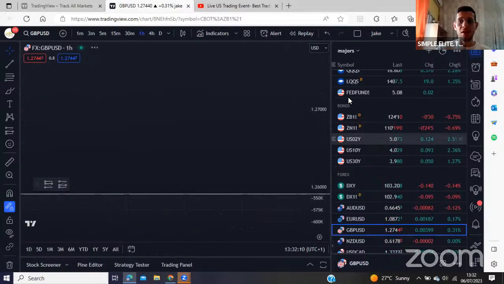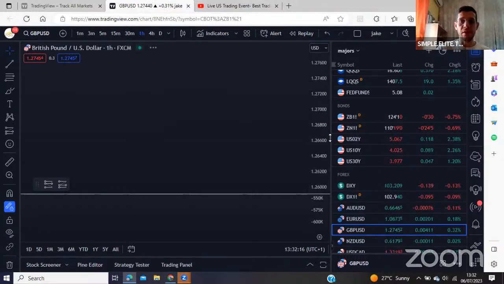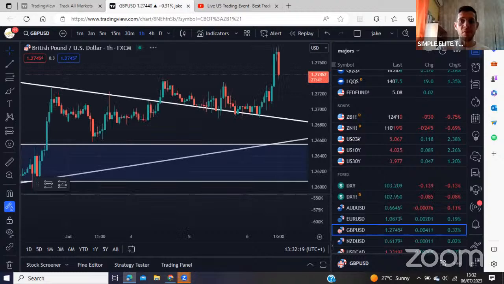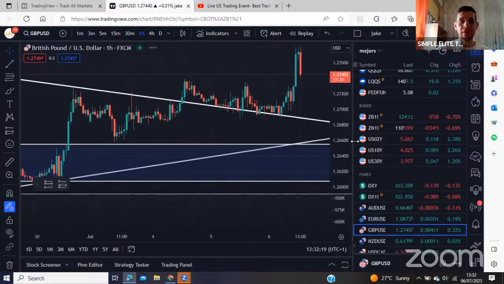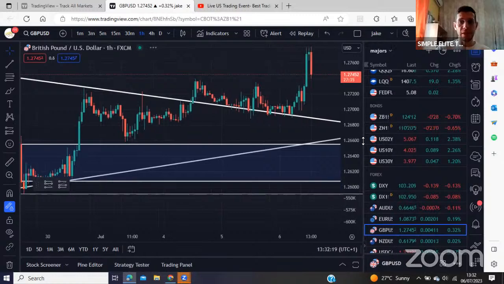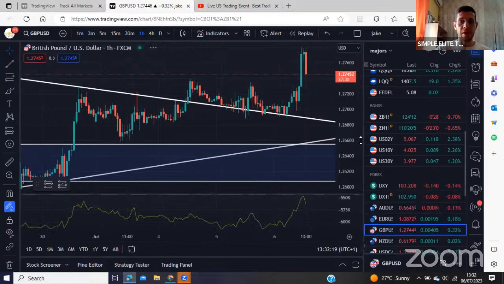Okay, let's start straight away with the dollar index because at the moment it is a more interesting currency than indices, because I still want to buy the indices, but it's looking like we're having a little bit of retracement.